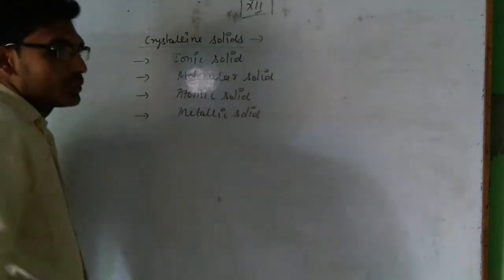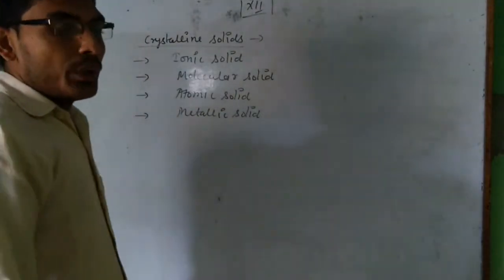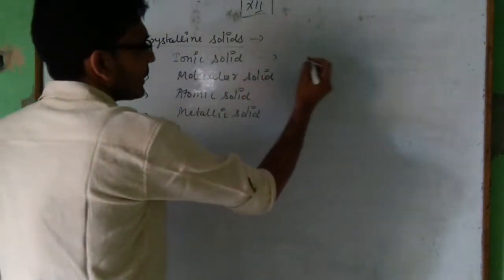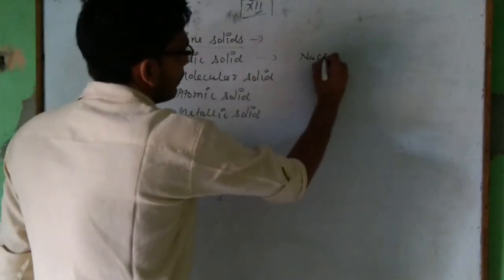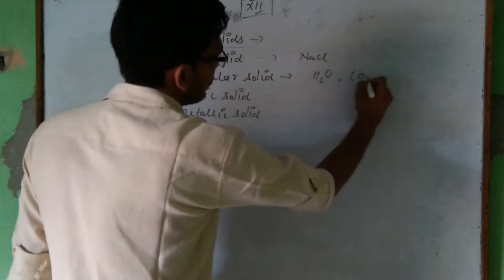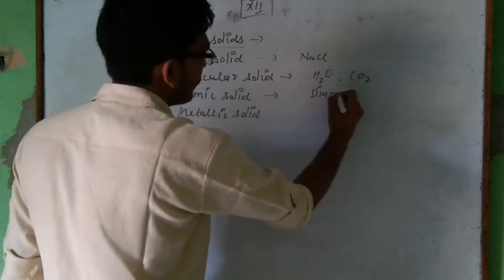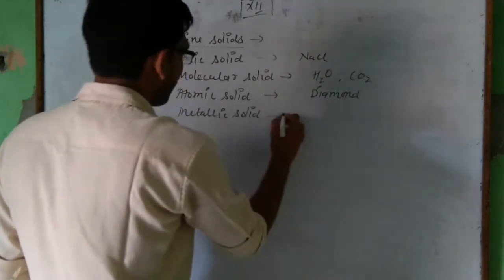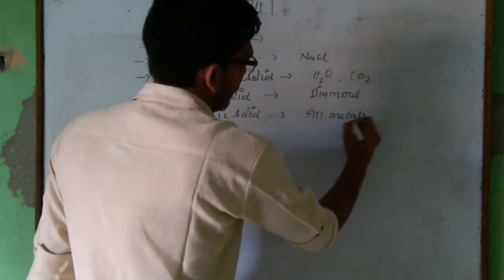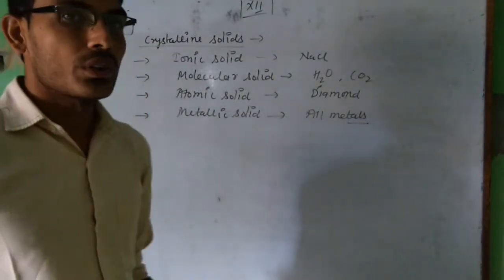All these solids we had already studied in previous periods. Ionic solids, example NaCl; molecular solids, such as H2O and carbon dioxide; atomic solids, as we had diamond; and metallic solids, all metals. These are the examples of each type of crystalline solids.